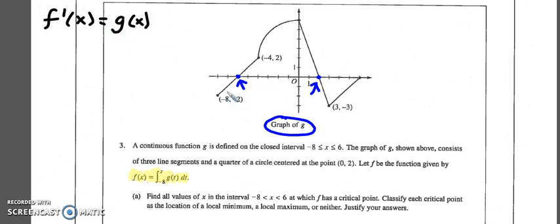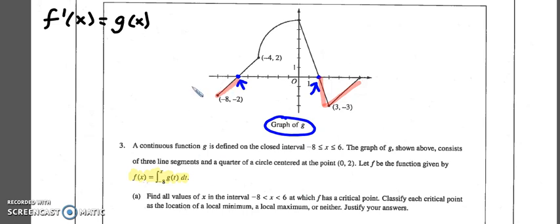And the reason I say that is because whenever g is negative, like there, and down here, that's where f prime is negative.